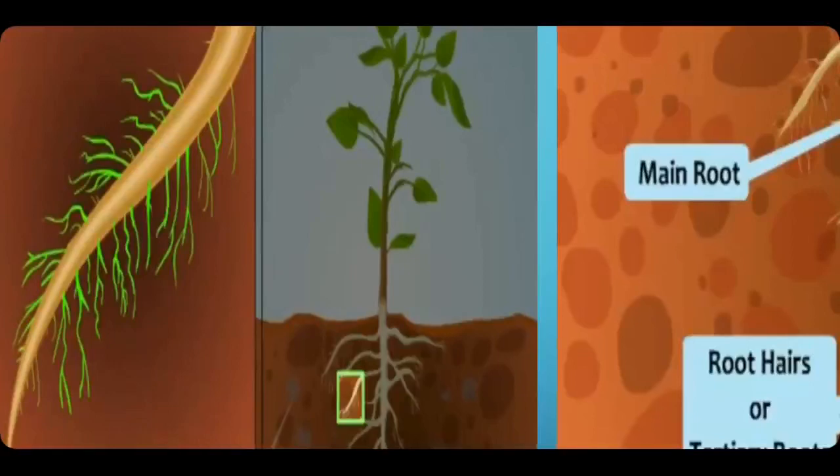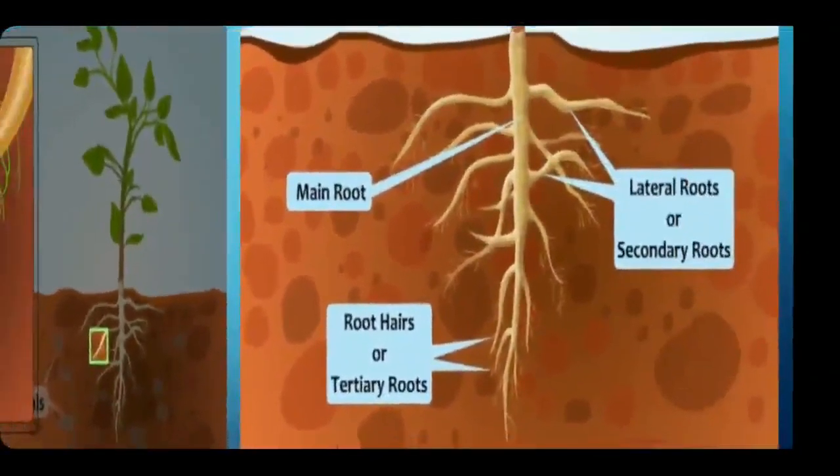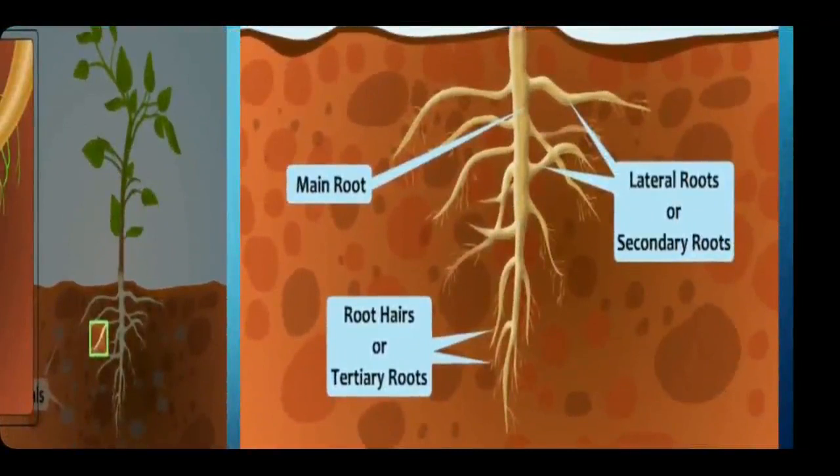And these root hairs actually go to the places where normal roots cannot grow, because soil generally has very little space. Because they are very thin, they can go to the places in between the soil particles and trap this water, and then make it available to the branches of the root. Branches of the root, there is not only one root.